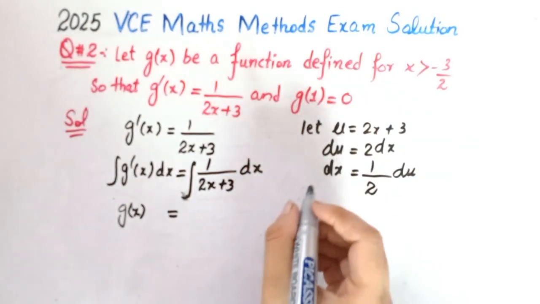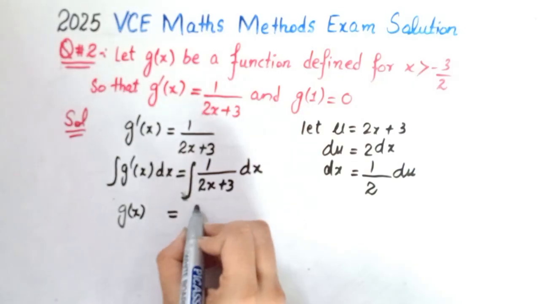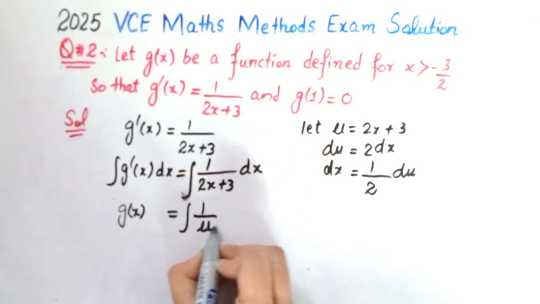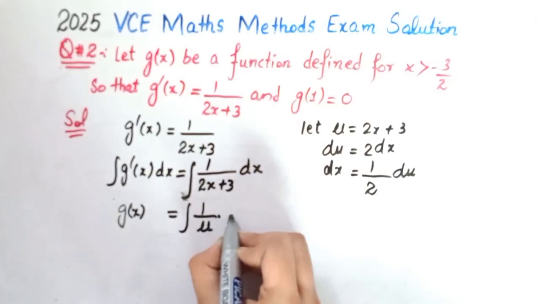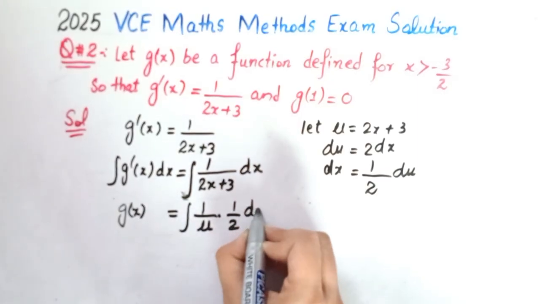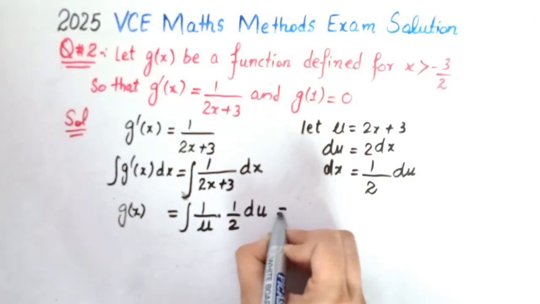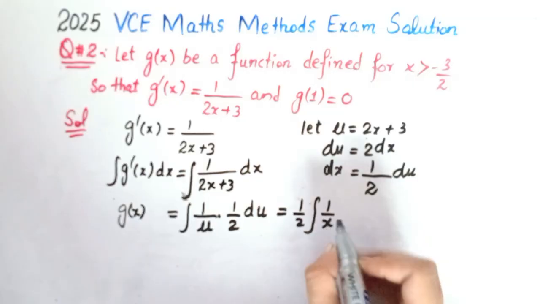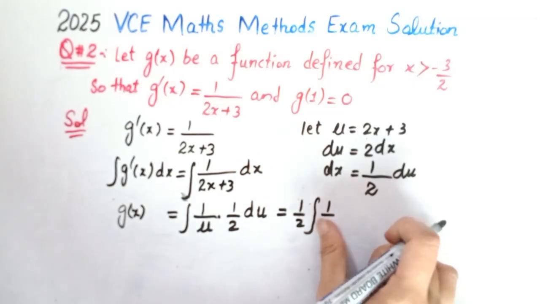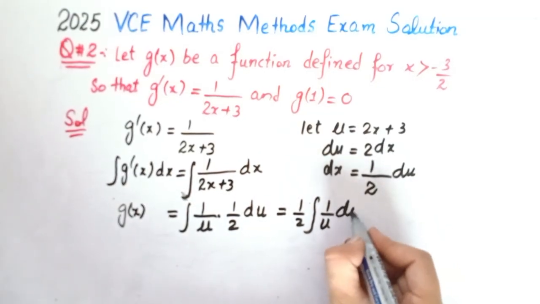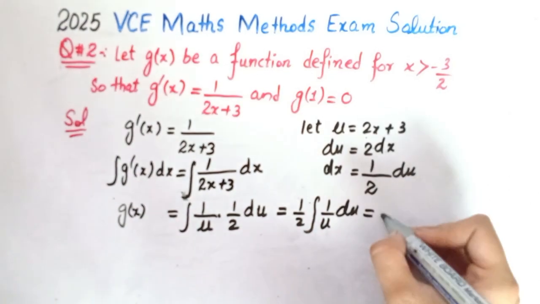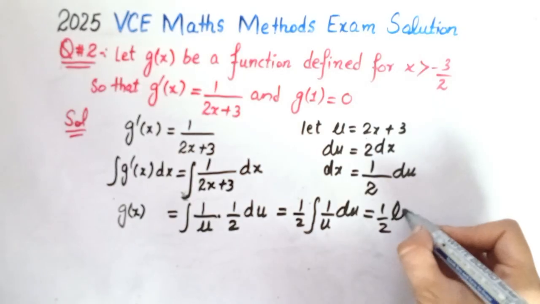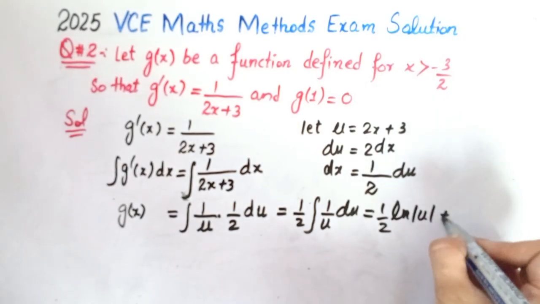This means that when we integrate, it will become the integration of 1 by u times 1 by 2 du. So 1 by 2 is at the start, then 1 by u du. So this will equal 1 by 2 times the integration of 1 by u du, which is ln of u plus c.